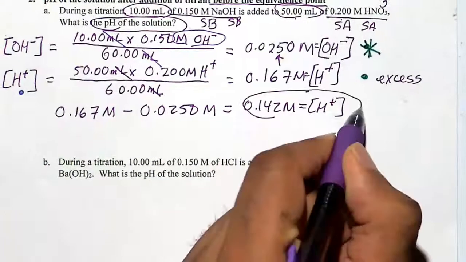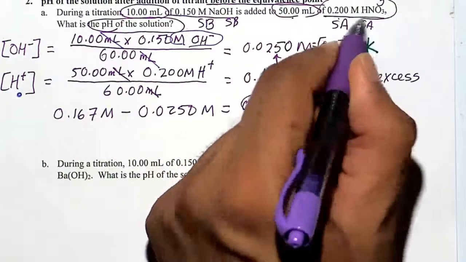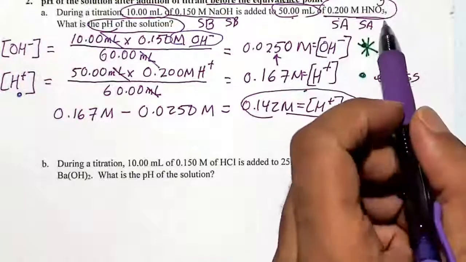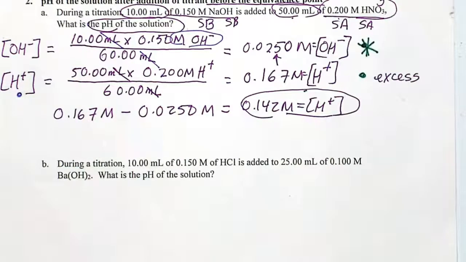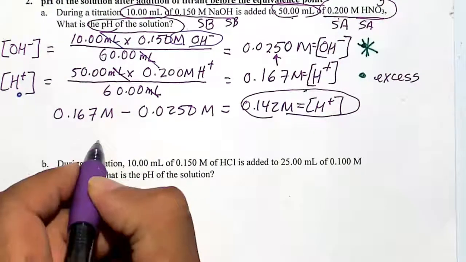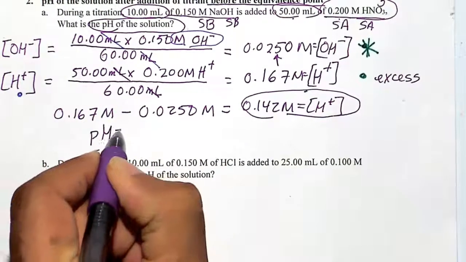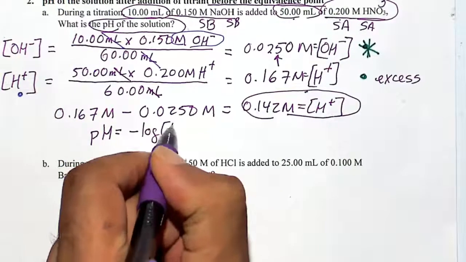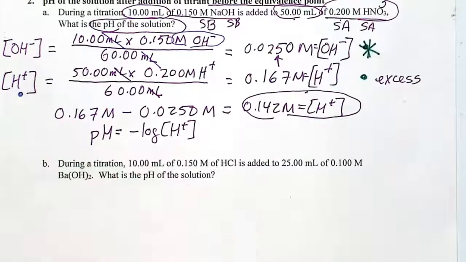Because you're dealing with a strong acid in nitric acid, close to 100% or 99% of nitric acid is going to be H+, or the hydronium ion. So you can just straight up plug it in to your pH equation. pH is equal to minus log of the hydronium ion, or H+.